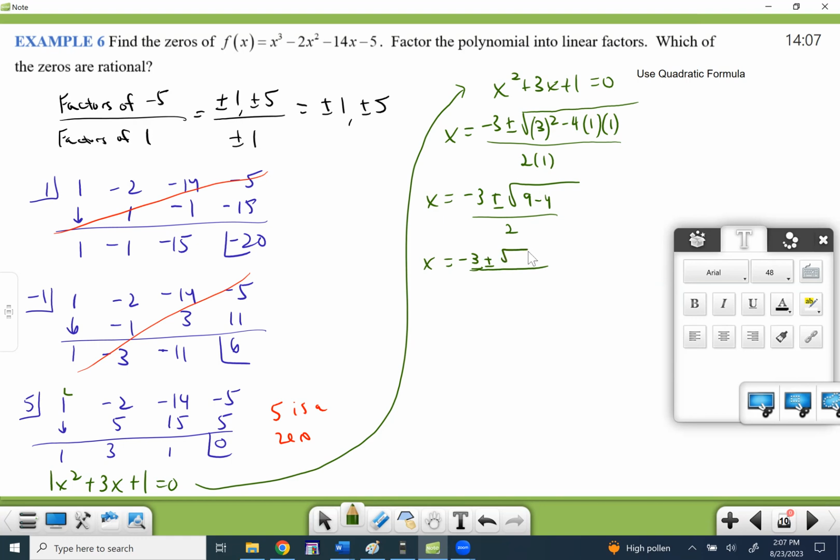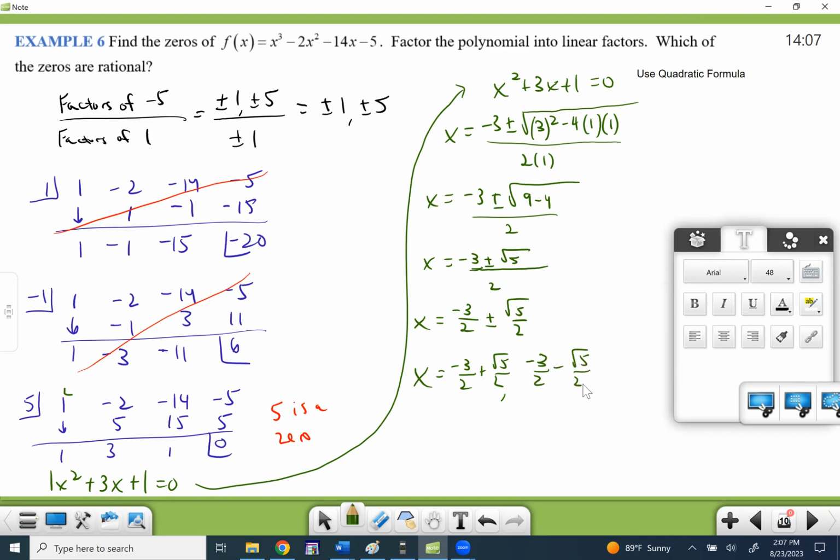So it's going to be the square root of 5. So if you look at this, we really have negative 3 over 2 plus or minus root 5 over 2. Okay. So if we wrote that out the long way, that'd be negative 3 plus root 5 over 2 and negative 3 over 2 minus root 5 over 2.